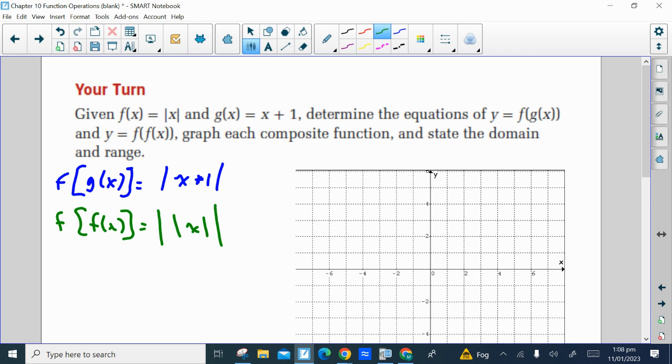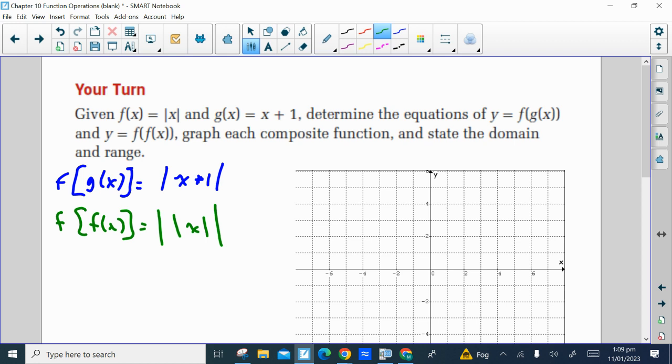And so what it means is we're going to have two absolute value symbols. One that was there originally, and the second one comes when we replace the x with the absolute value of x. Now that doesn't change anything at all. You can take the absolute value how many times you want. It's not going to change your answer. But that is the equation.